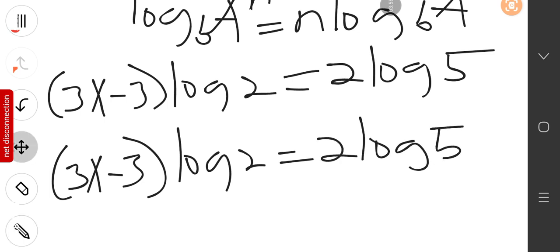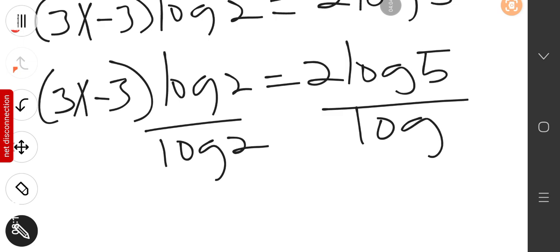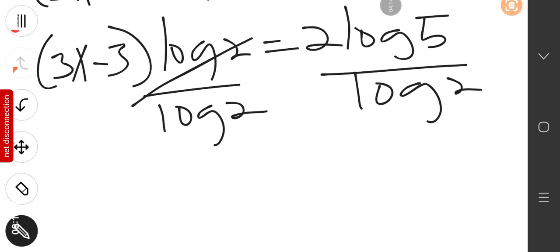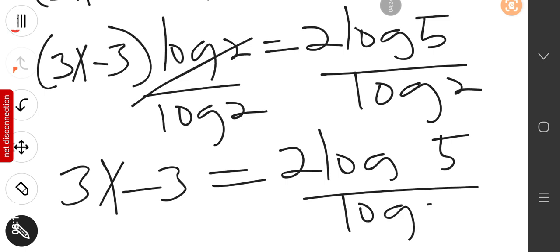Now at this point, we are going to divide this part by log 2 and this part by log 2. Anything over itself is 1, because log 2 over log 2 is 1. So our equation becomes 3x minus 3 equals 2 log 5 over log 2.